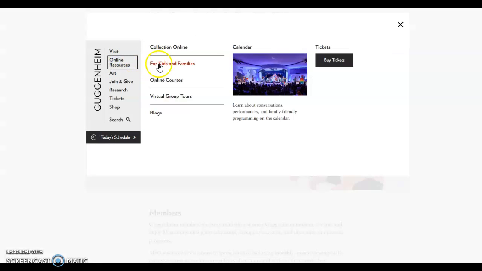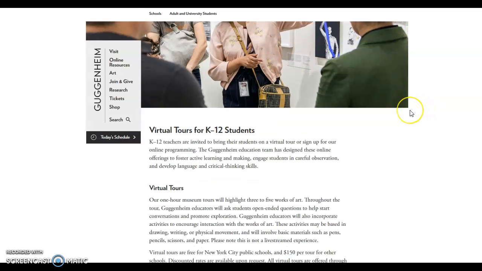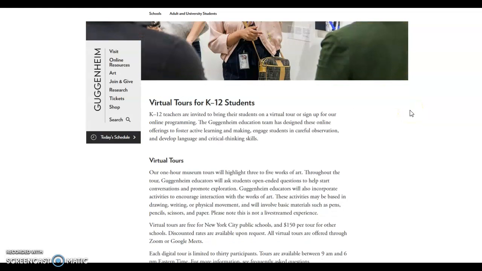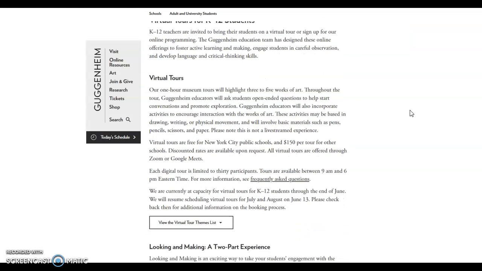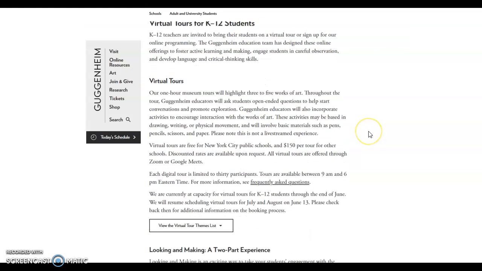Let's see what we got online, your virtual tours. So you can do virtual group visits. I find that good for any individual that's not able to travel or go in person. You can do virtual tours for your schools and your classrooms.